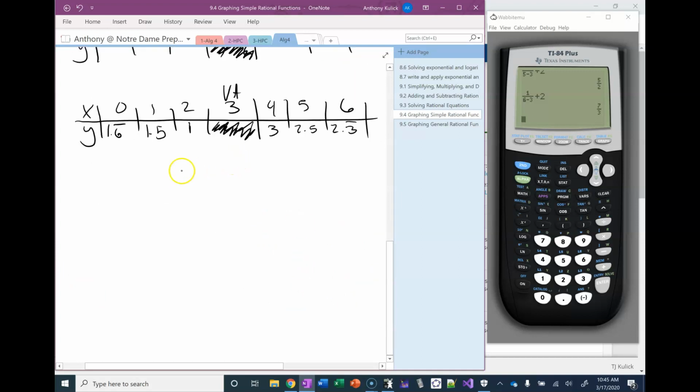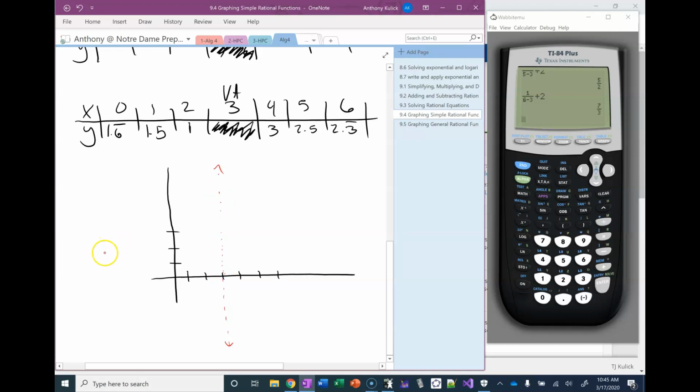All right, let's draw us a picture. So the first thing I'm going to do is draw in my asymptotes. So I have a vertical asymptote at 3.